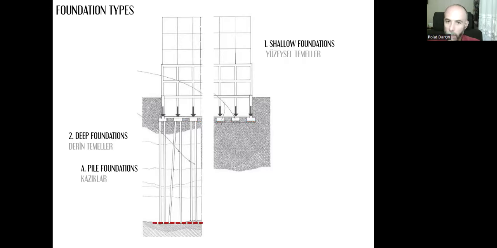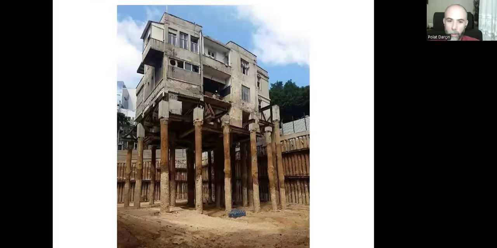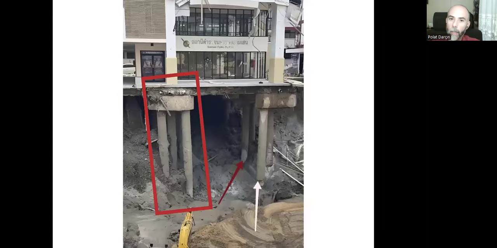One is the pile foundation, pile kazık temel in Turkish, or caisson foundation, caisson in Turkish. It's something like this. As you can see, we still have the shallow foundations, and deep foundations are beneath them, like that. We have our footings, and the piles or caissons are below those footings.